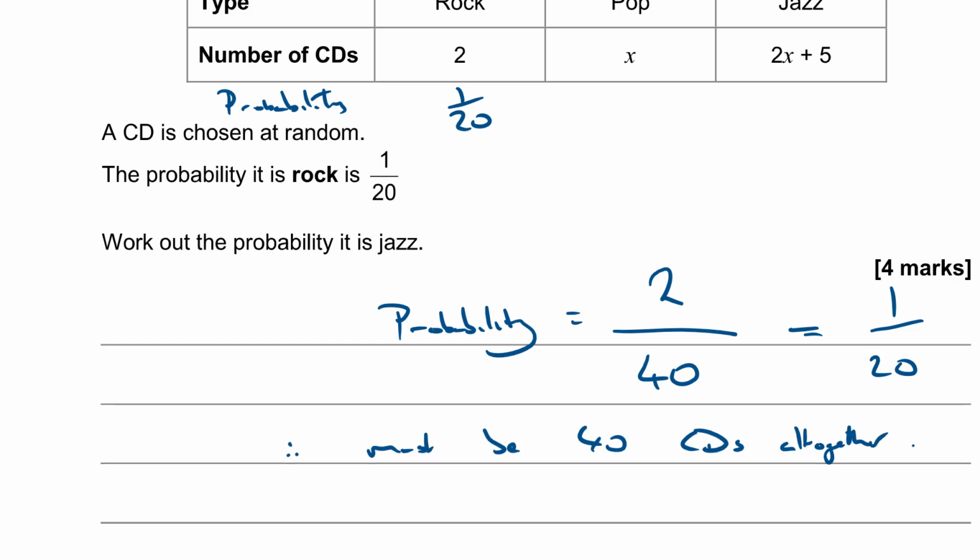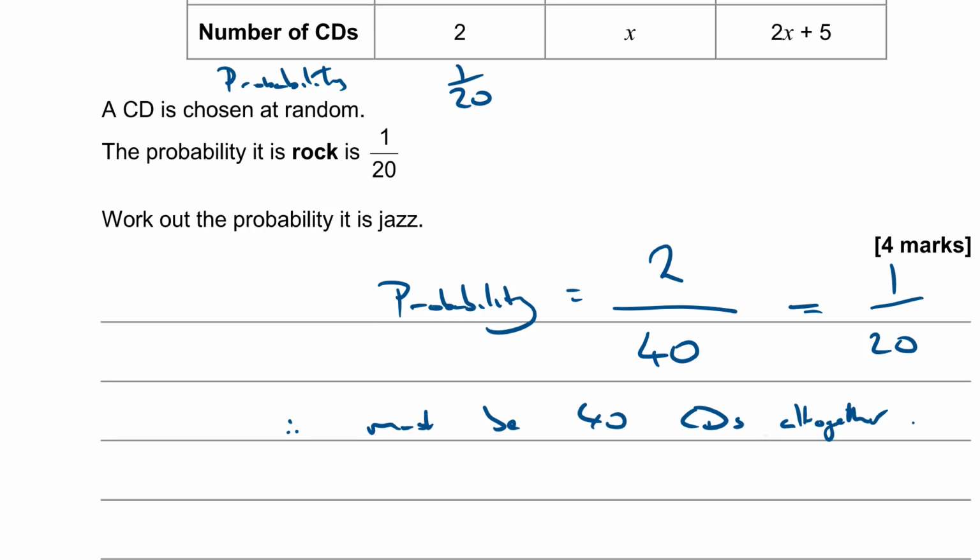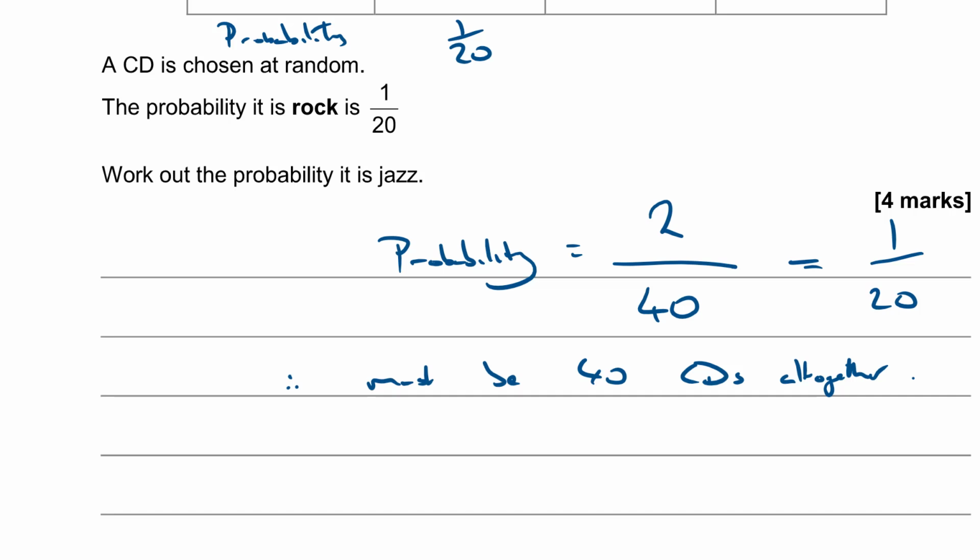Okay, so what is the probability then that it's jazz? Well, the next part is slightly algebraic, isn't it? I've got x and 2x plus 5 now, and I know that there are 40 altogether, and with probability, it sums to 1 if you look at all the options. It's because of completeness. So this 1/20th plus the other 2 probabilities is going to add up to 1. So we can form a linear equation in x here.